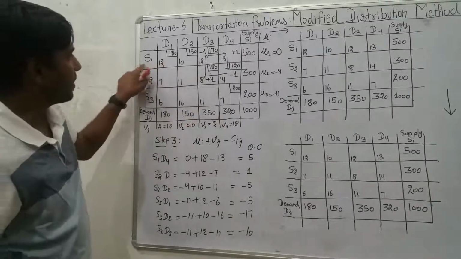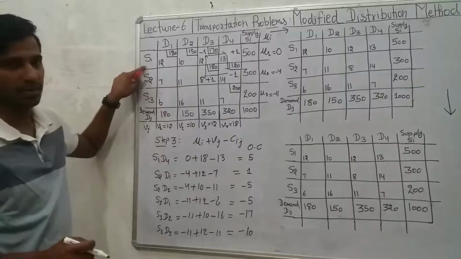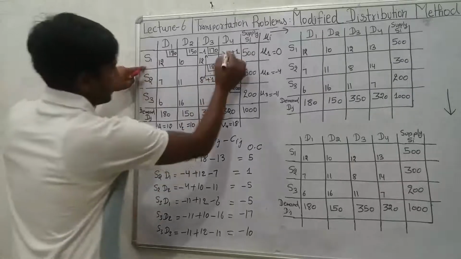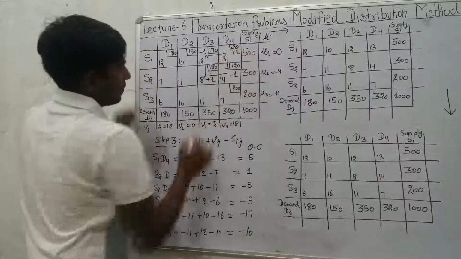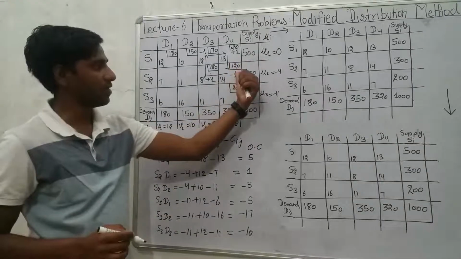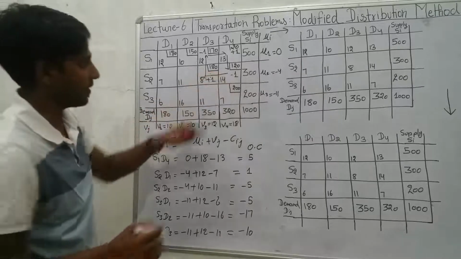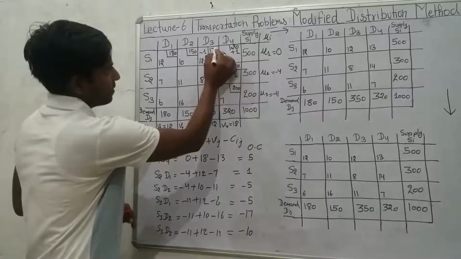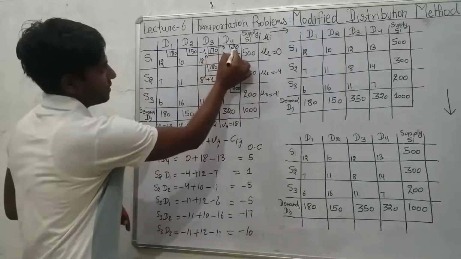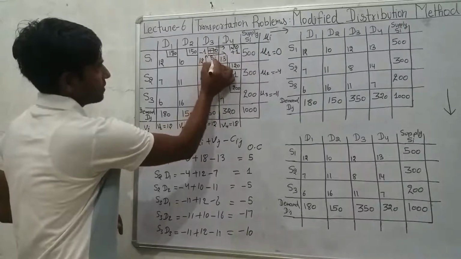That we can supply 120 units to D4 from S1. And why is it so? Why only 120 units? Because to balance it out, we can take away 120 units from this cell. So if we are transferring 120 units from this cell to this cell, then the remaining amount here is 50 units.